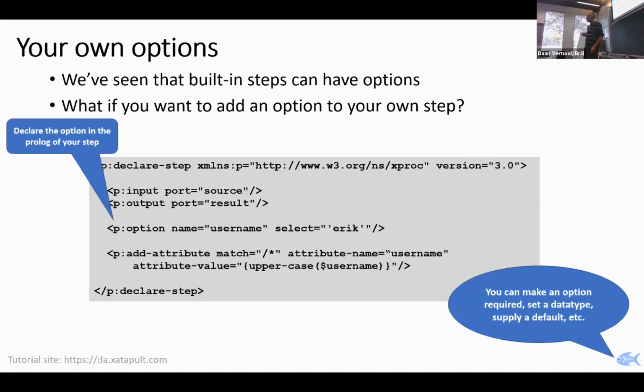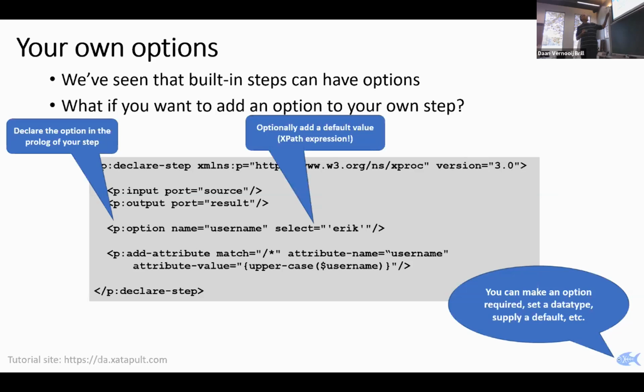As the fish says, you can do all kinds of wonderful things with options. You can give the data type, you can limit values for it, lots of things, but I'm not going into that now. You have to read the specification if you want to know more about it. But what I did here was add a default value. So this means that if you do not explicitly set the username option, the default value will be Erik, which is of course a very nice value.